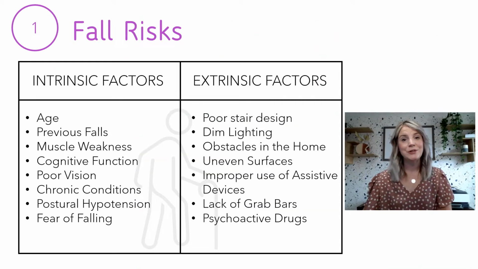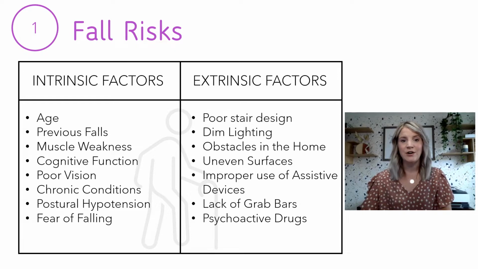Our first tool for your falls toolkit is fall risk. What really puts you at risk for falls? There are a total of 7 different etiologies of falls. Those are medical related, mobility related, sensory, psychological, medication, environmental, and behavioral. These 7 different etiologies filter down into 2 smaller categories, intrinsic and extrinsic factors.